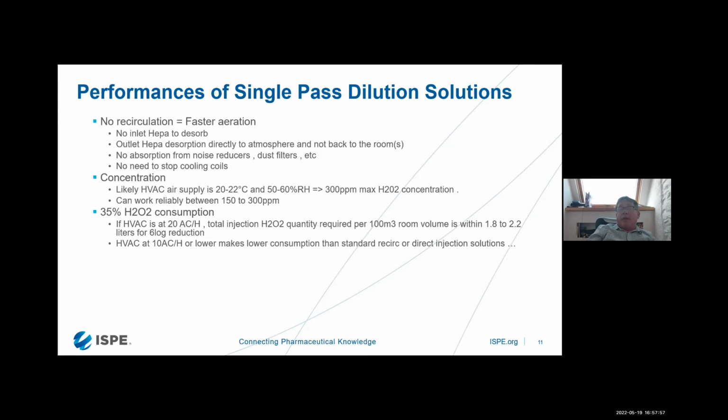The consumption, well, when I put this to the market, many people think, oh wow, this will use a lot of peroxide. Not so much, because we are faster and more efficient.